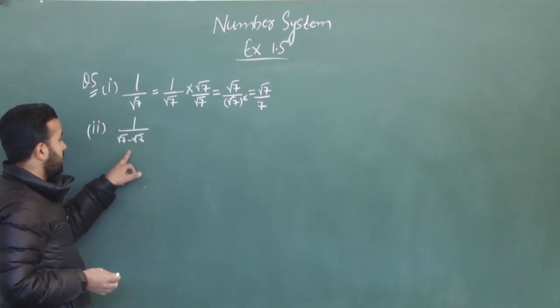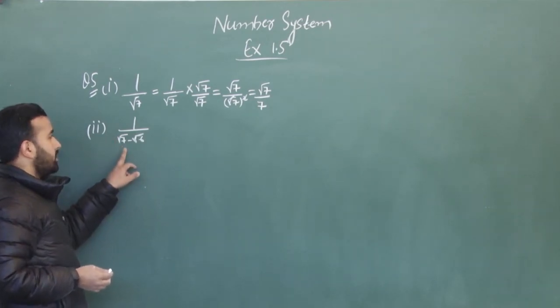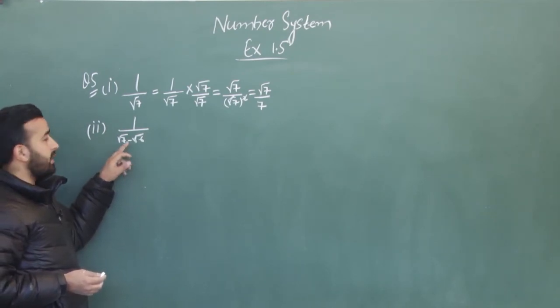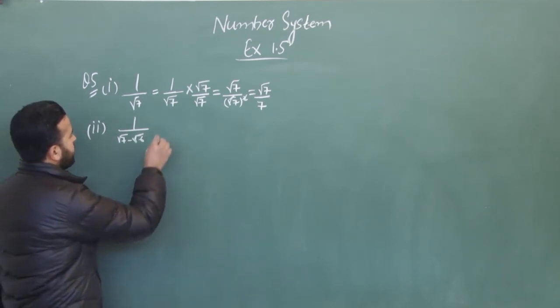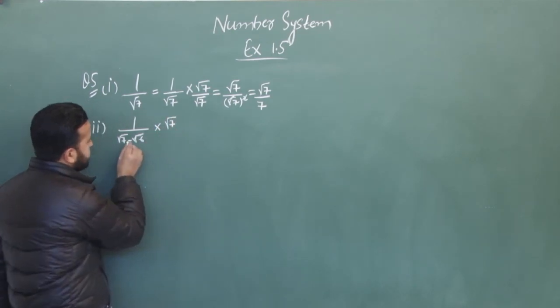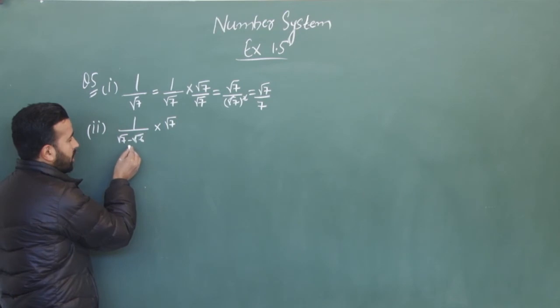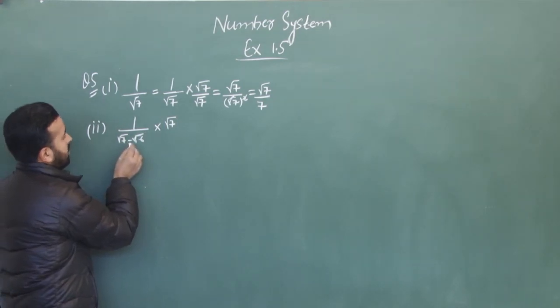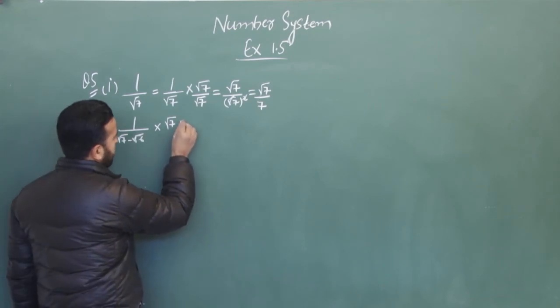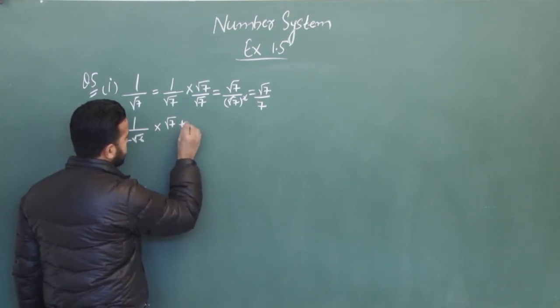Remember, when we have two terms in the denominator, we have to multiply in the numerator and the denominator by its conjugate. Conjugate means changing the sign which has been used in between these two radicals, that is under root 7 minus root 6. We have to replace it by its conjugate, that is the addition operation.